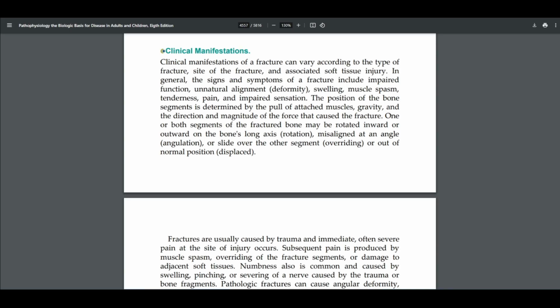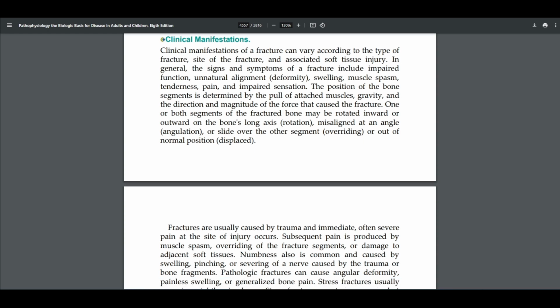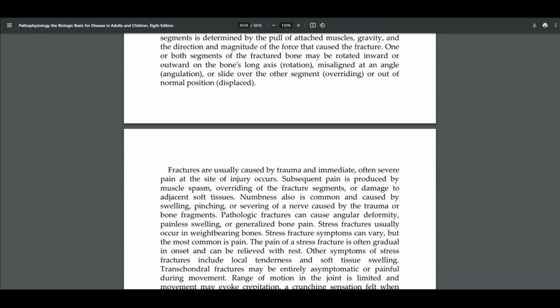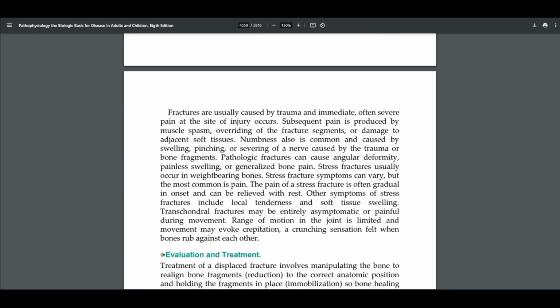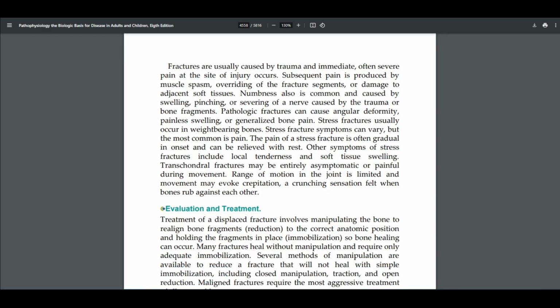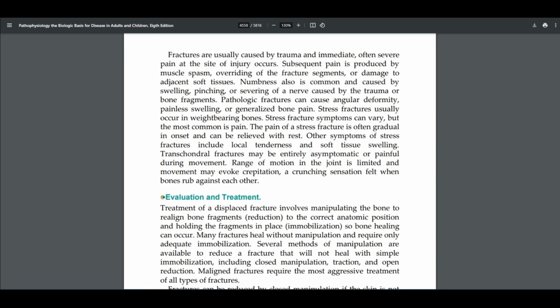One or both segments of the fractured bone may be rotated inward or outward on the bone's long axis, misaligned at an angle, or slide over the segment or out of normal position. Fractures are usually caused by trauma and immediate, often severe pain at the site of injury occurs.